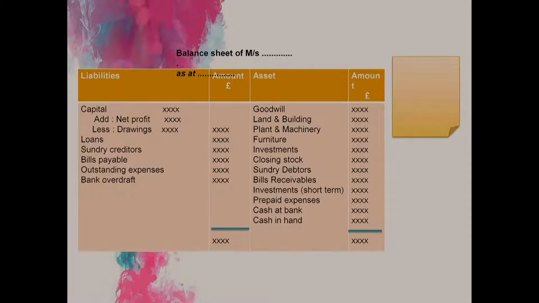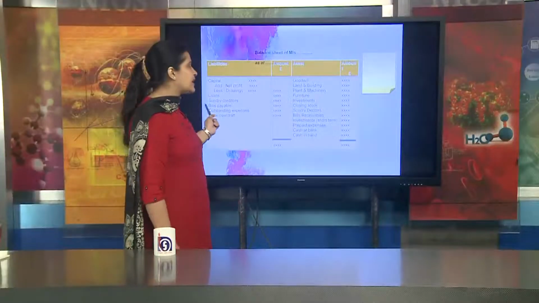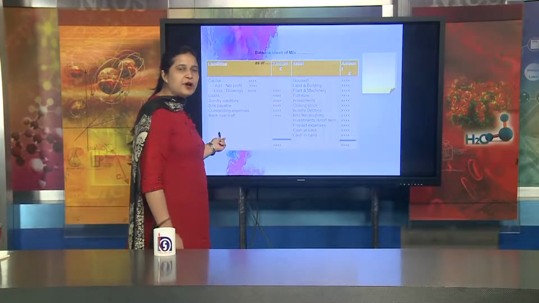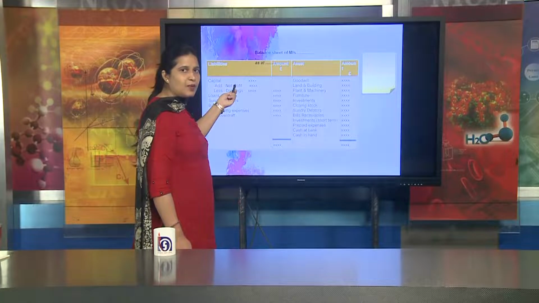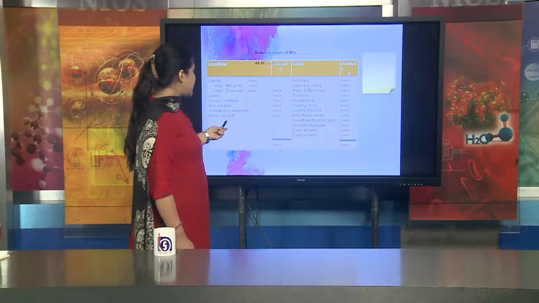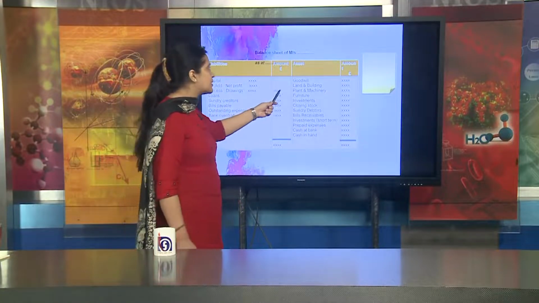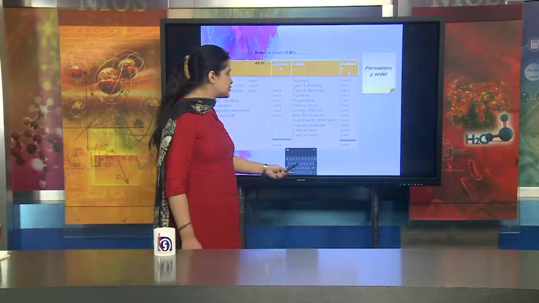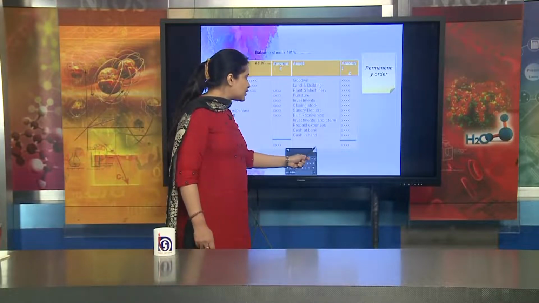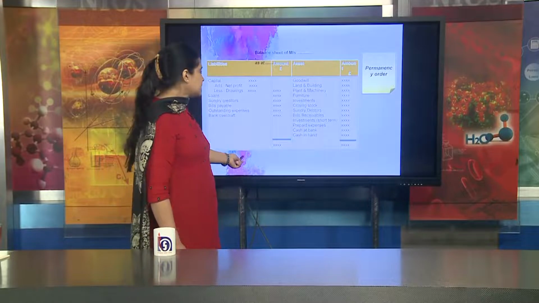So what order is this? This is the permanency order. Similarly, in the last slide the capital was down here, now it has moved upwards and bank overdraft has come down. So this order is the opposite of the previous one, and it is known as the permanency order. Okay.